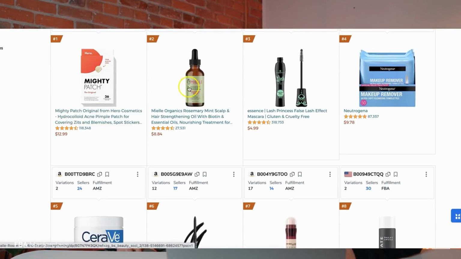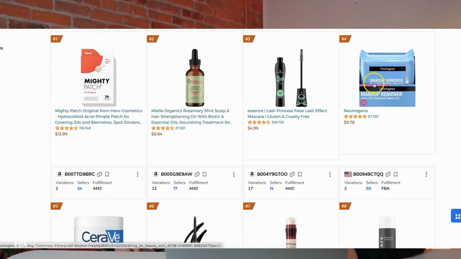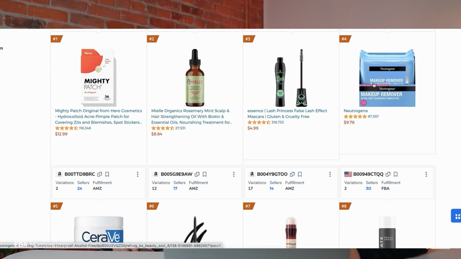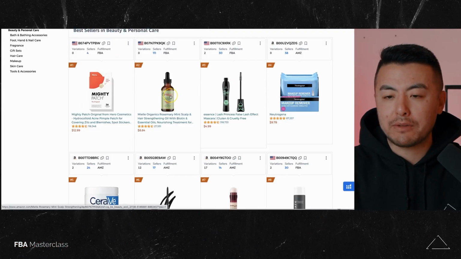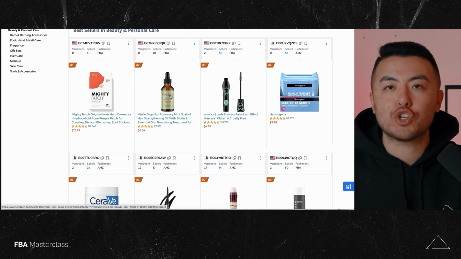Now, the second product is this listing, third is this, and fourth is this. Again, the way they measure this, who gets first, who gets second, who gets third, is purely based on sales velocity. And again, that means how many units per hour this particular listing is selling. So let's say that this listing right now is selling, I don't know, like 100 units an hour.